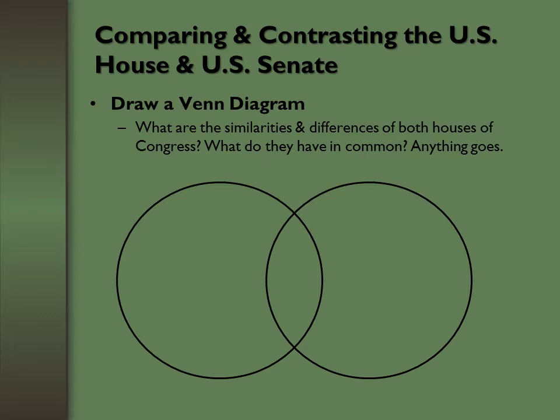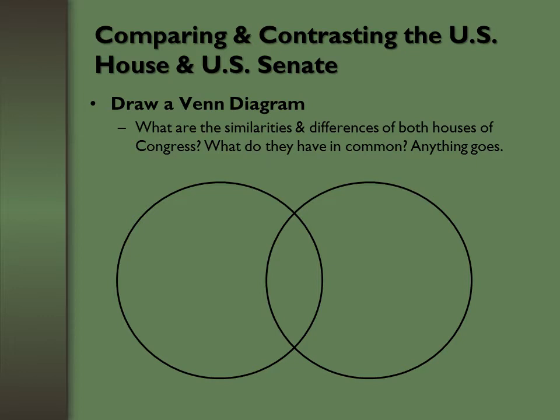And if you don't know what a Venn diagram looks like, there it is, two circles intersecting each other. And I want you to label one circle the House of Representatives and the other one the U.S. Senate. And you can open your EAG textbook and turn to Chapter 6.